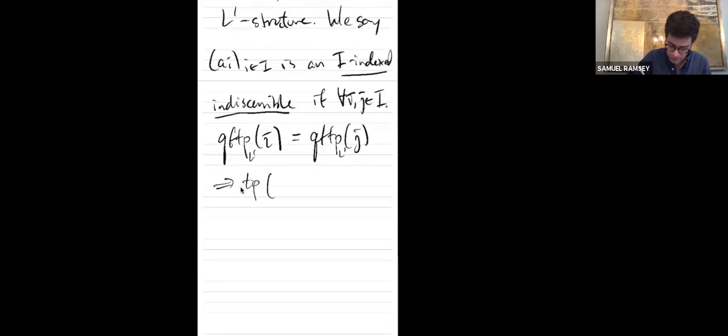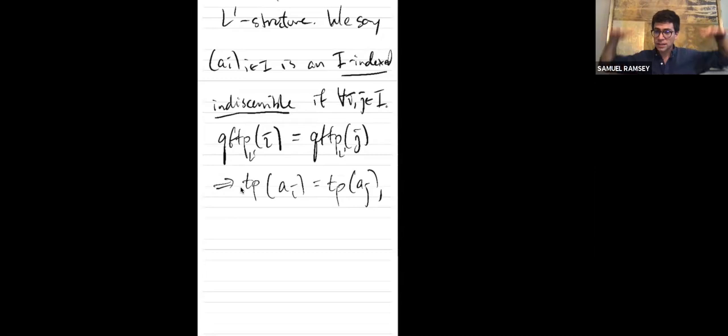So this just says, whenever I look at the indices, if I take two n-tuples of indices and they have the same quantifier free type, then the things that they index have the same type.